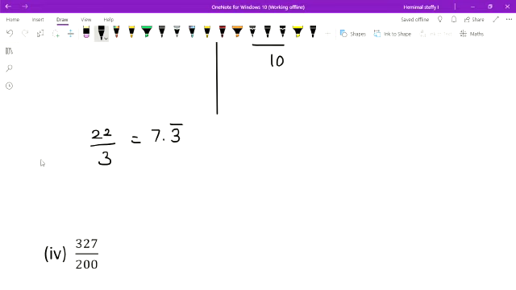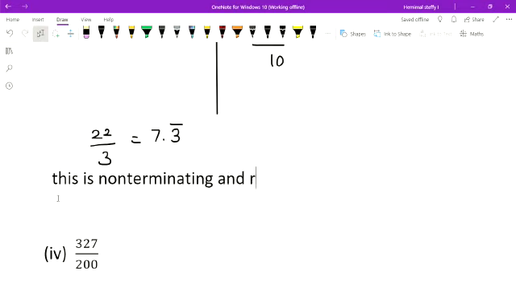So this is non-terminating and recurring. Non-terminating and recurring. Okay, then the last one.